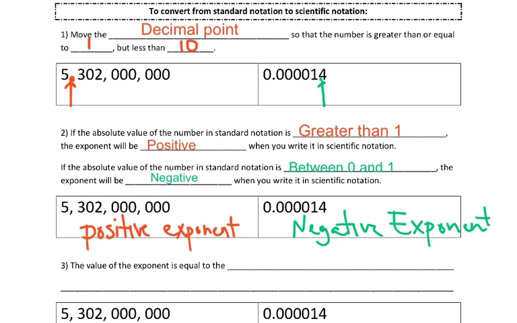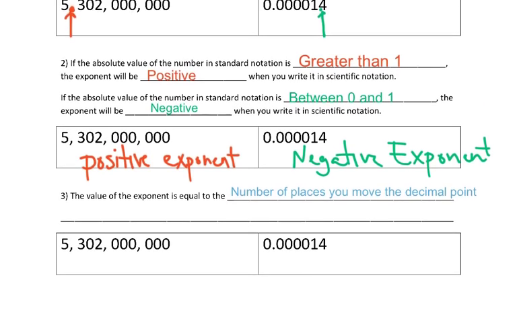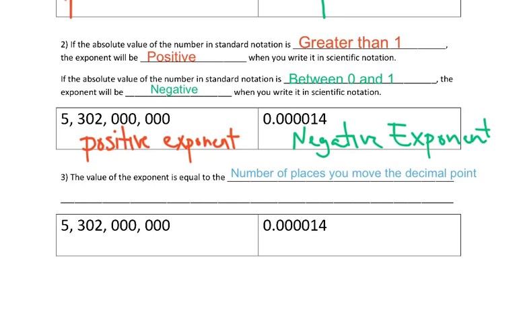Okay. The third thing that we're going to do is look at the value of the exponent, or find the value of the exponent. That will always be equal to the number of decimal places you move the decimal point. So let's take a look at this number, again, 5,302,000,000.